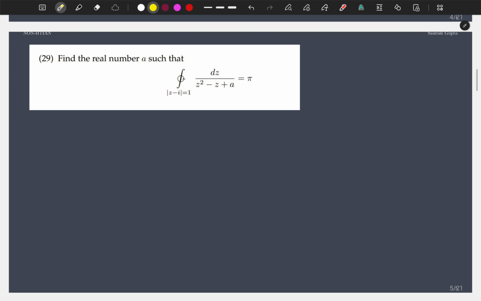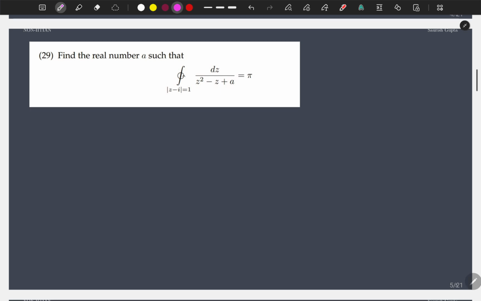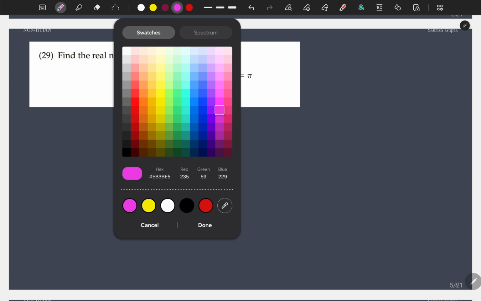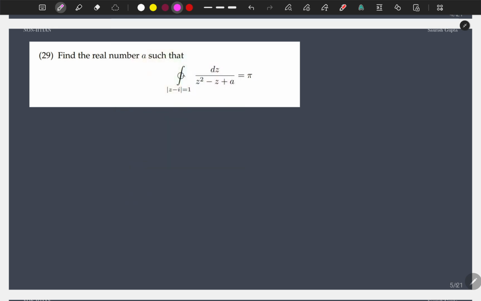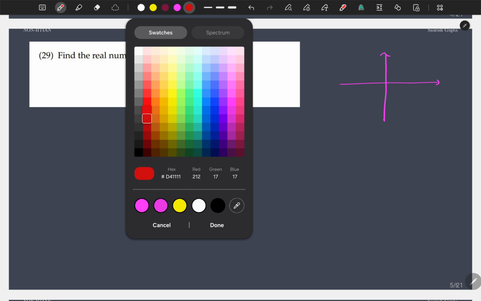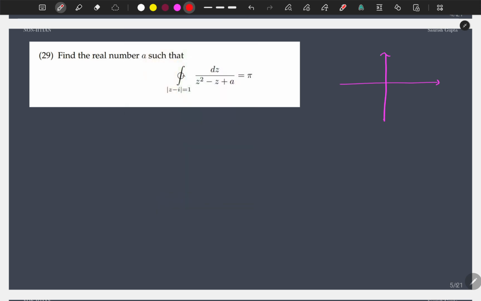This is the problem which says: find the real number a such that the integral over the contour mod of z minus i equal to 1 of the given integrand is equal to pi. This problem is actually quite interesting. Let us first draw the contour quickly.